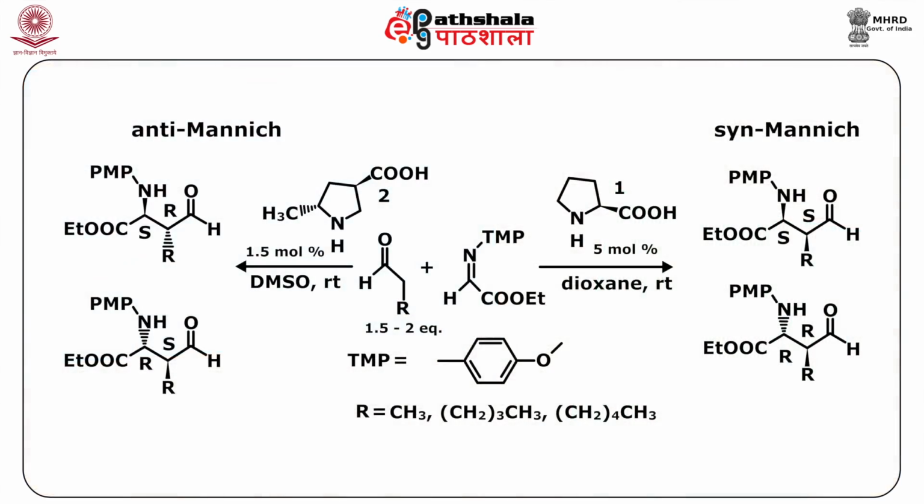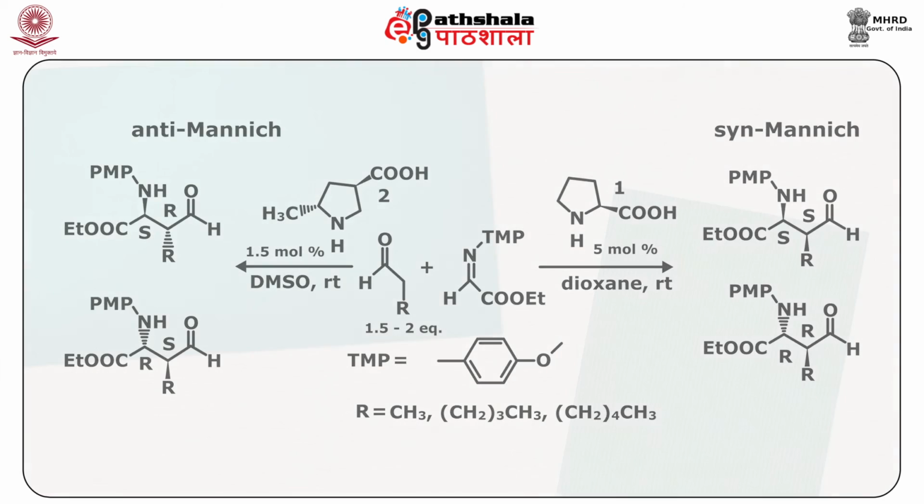The first asymmetric Mannich reaction with an unmodified aldehyde was carried out with S-proline as a naturally occurring chiral agent, as you can see here. So, you can notice that this combination is happening and you are getting these diastereomeric pairs of enantiomers.